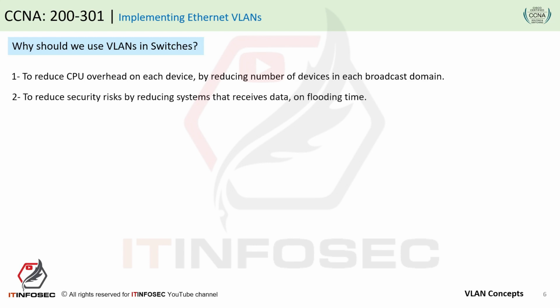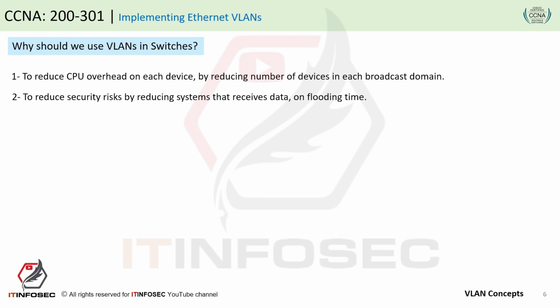The second reason is to reduce security risks by reducing the systems that receive data at flooding time. Sometimes some computers or switches flood packets, for example, ARP packets, which a switch produces for learning, sending requests to computers to get their MAC addresses and make the MAC address table.